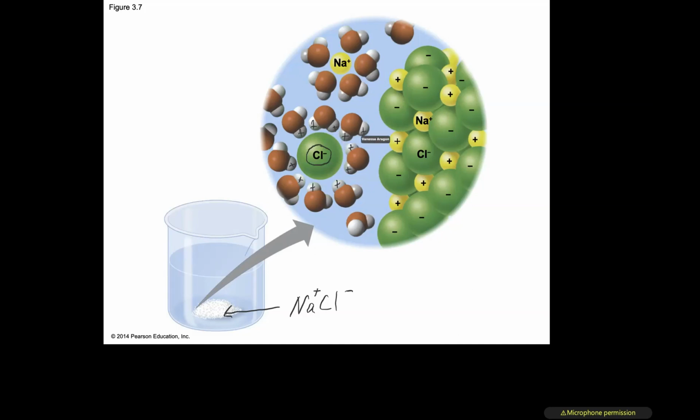Your sodium is a cation having a positive charge, so the partially negative ends of the water molecule are going to surround the sodium. And that happens for every single one of those sodium chloride atoms. And that is literally what makes salt dissolve in water.